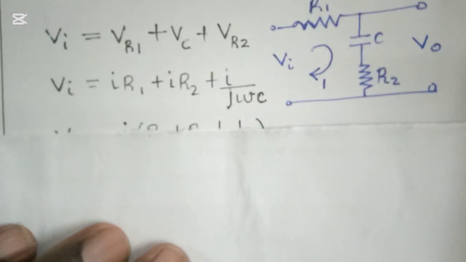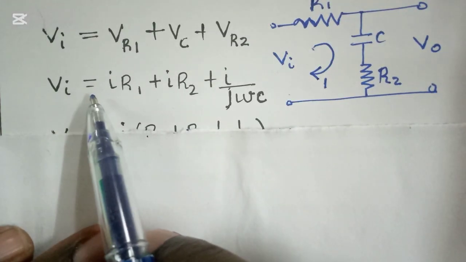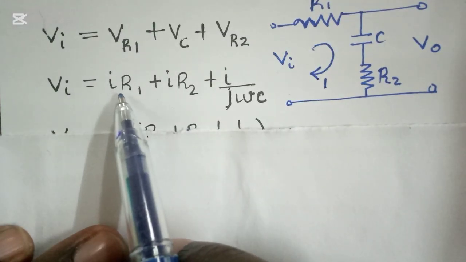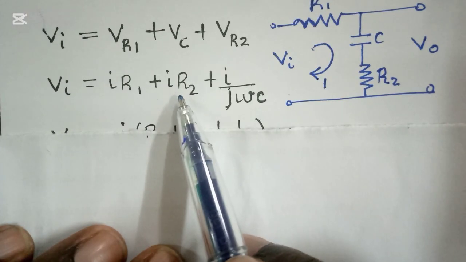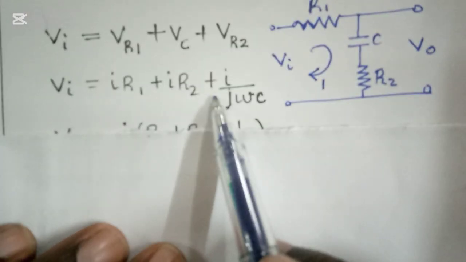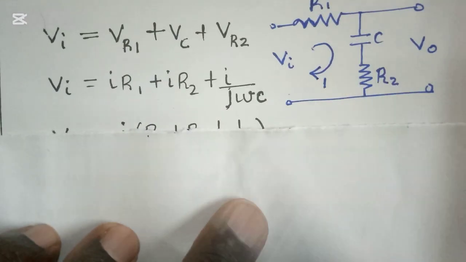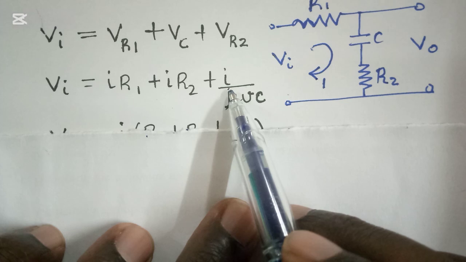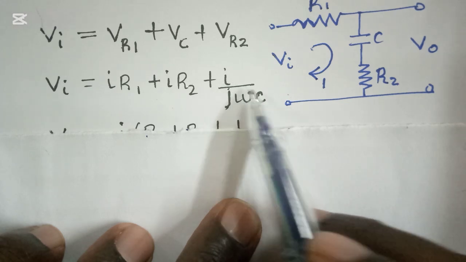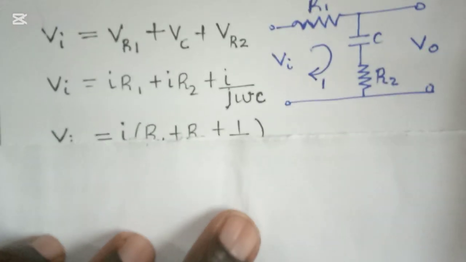Then across R1 is IR1, across R2 is IR2, plus across the capacitor, in the frequency domain, is I over jwC.